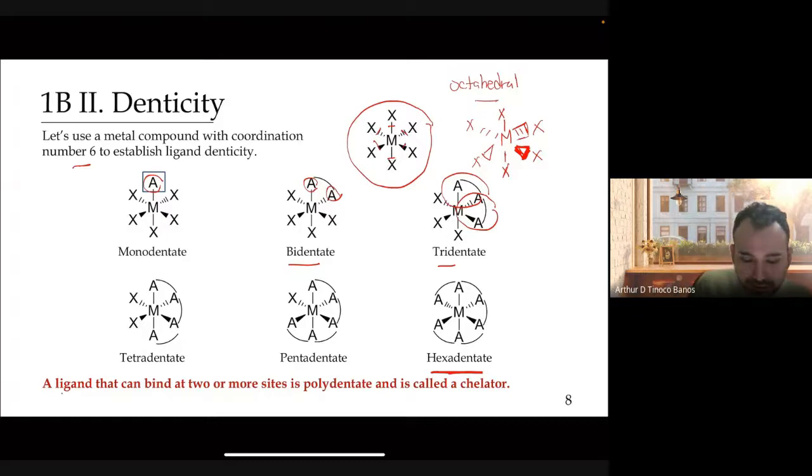A ligand that can bind at 2 or more sites is referred to as polydentate. That's just the general term. But more commonly, we know this as a chelator. If you've taken inorganic chemistry, you have probably heard the expression chelation therapy. That's pretty common when a metal is trying to be stripped from the body, if it is in excess and causing some sort of toxicity.